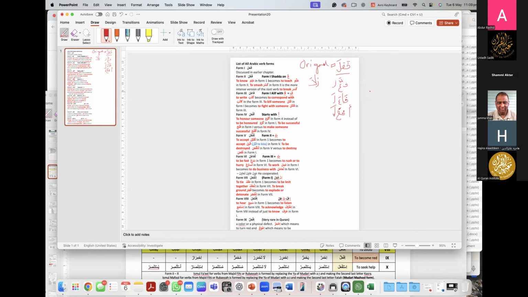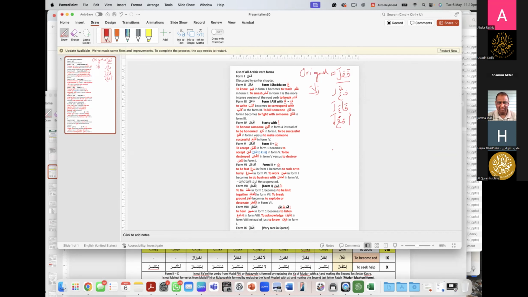Now, ya added, mudari, alamat mudari, ya added. As soon as something is added onto the original structure, automatically remember the first letter of the original structure will have sukun. You will see this everywhere, and it's important. Okay, good. Af'ala, done. And then Form 5, what happens? What's the pattern?